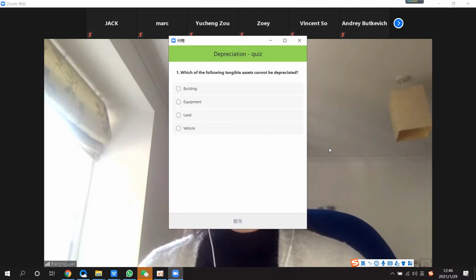Start with this question. Which of the following tangible assets cannot be depreciated?